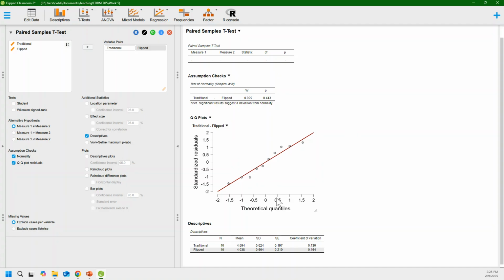Now, I want to note here, remember I said in the last video, if our sample sizes are small and our data are not normal, we're going to want to use a non-parametric test. I said that really quickly, and it was the Mann-Whitney test in the last video for the independent samples t-test.